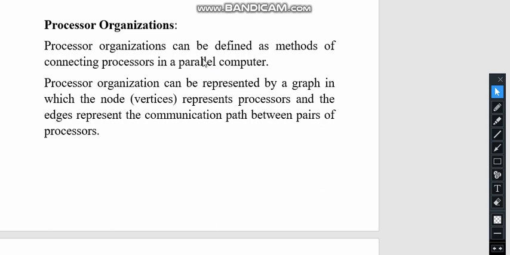We connect these processors using a graph. Here the nodes represent the processors and the edges represent the communication paths between pairs of processors.